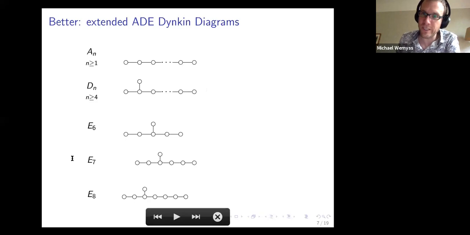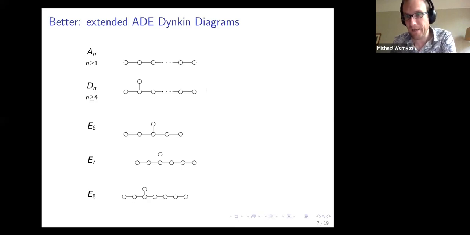And so what we're going to do now is extend these by adding a single node to each of them. If you haven't seen this before, how you extend is going to seem a little bit strange, but there are very good reasons of where we should add things. Again, if you do Lie theory, Coxeter theory or algebraic geometry, there are reasons why we do this. But for my talk today, we can just view the following as somehow random facts.